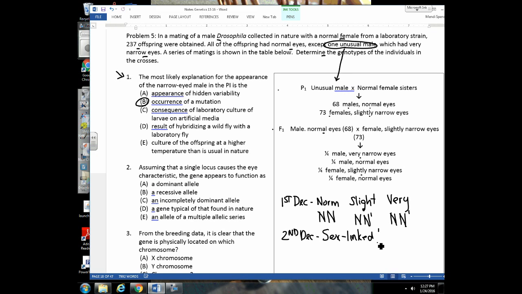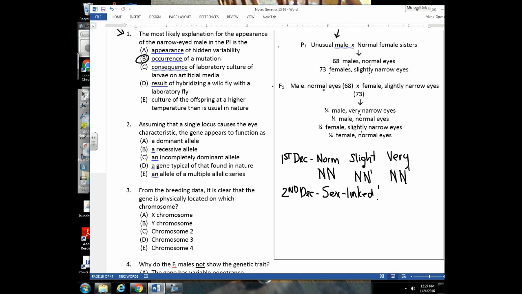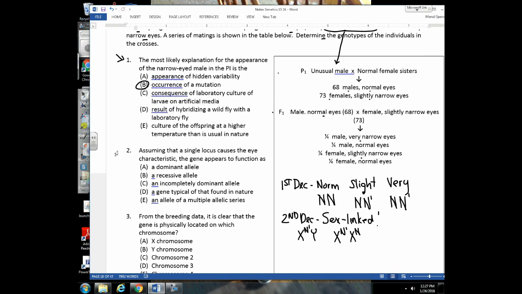So this tells me when I go to write the genotypes next to a male or a female, I'm going to have to do things like this. I'm going to have to put an X with an N on it and a Y, or something like this for the females. So let's go through and see if we can figure out the genotypes of these different individuals. So we have an unusual male. Remember, he had very narrow eyes, and I already established the letters that I want to use.